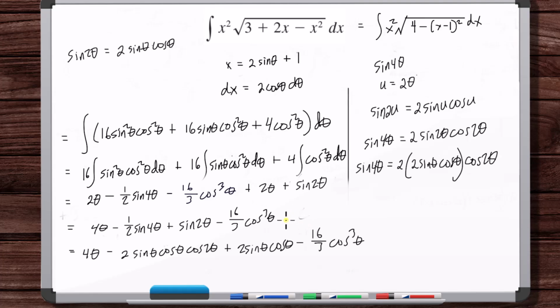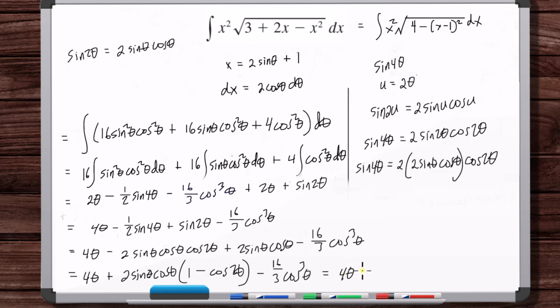Let's just omit this for now. Okay, so we've got 4 theta plus, and then 2 sine theta cosine theta, and then that's 1 minus cosine 2 theta, minus 16/3 cosine cubed theta. Okay, now 1 minus cosine 2 theta is equal to 2 sine squared theta.